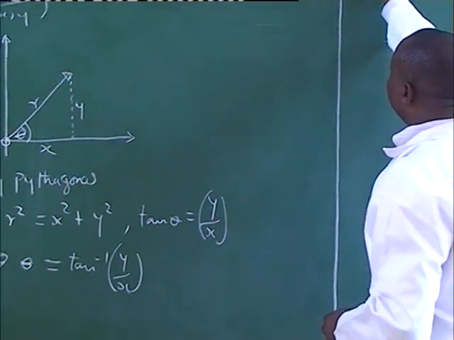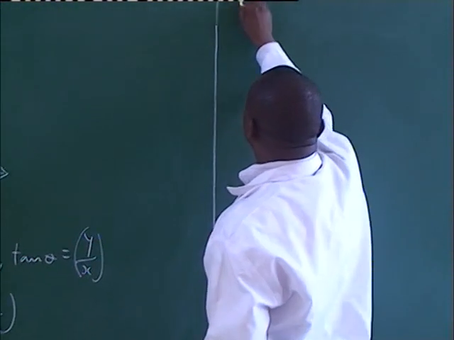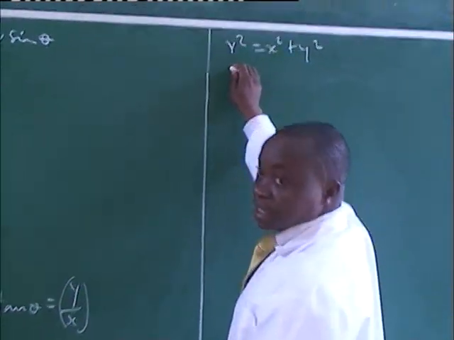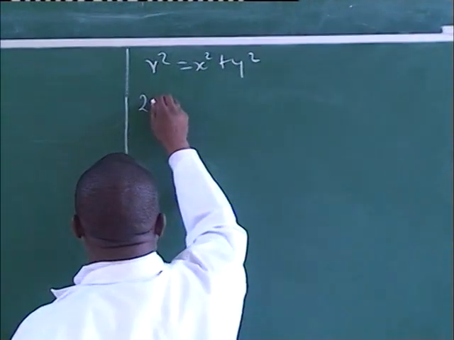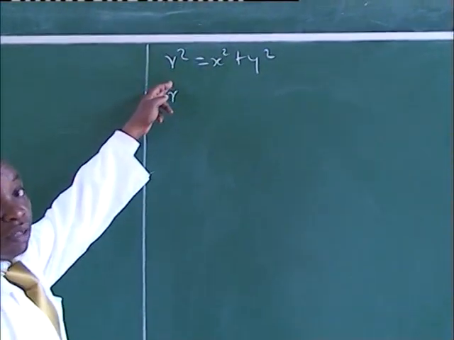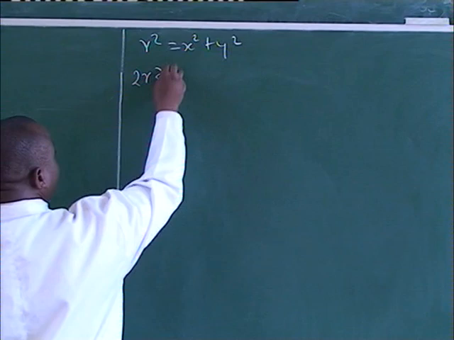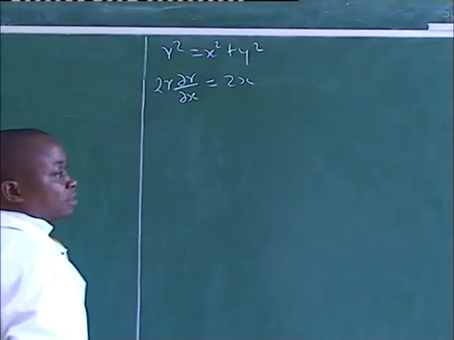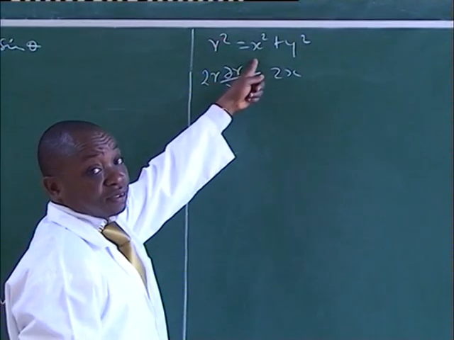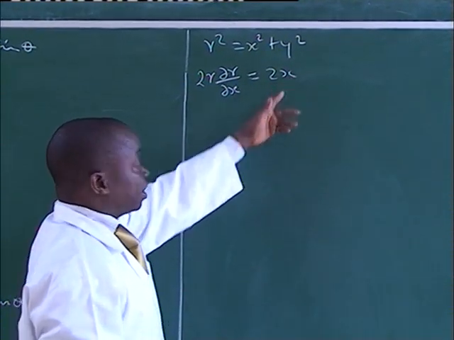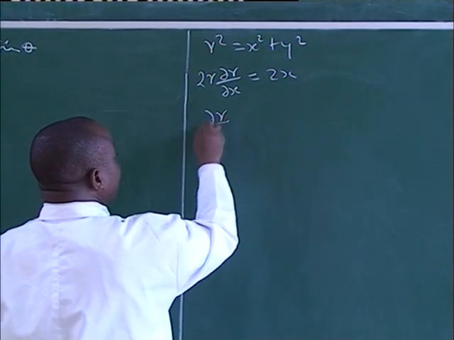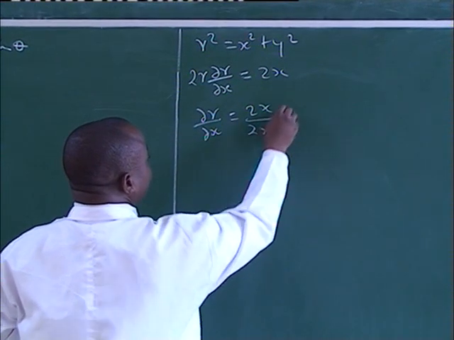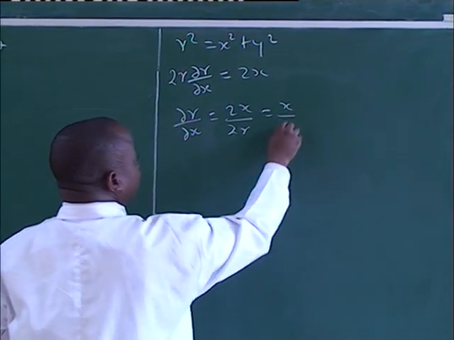We know that r squared is equal to x squared plus y squared. If you differentiate this, you have 2r partial r partial x equal to 2x. I'm differentiating with respect to x, not with respect to y. So partial r partial x is equal to x over 2r, which is x over r.